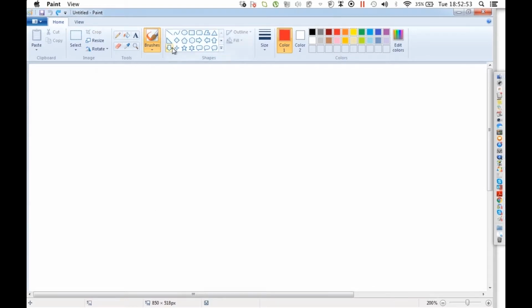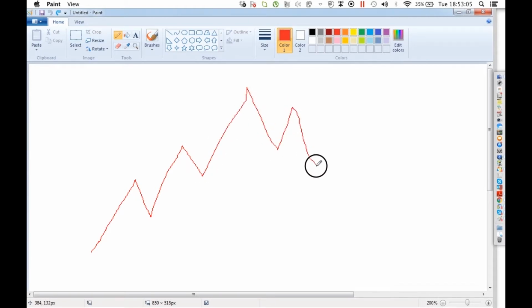Okay, so the market doesn't move in a straight line, right? It would usually go up like this, down like this, up like this, down like this, and so on. So it is constantly moving, right?